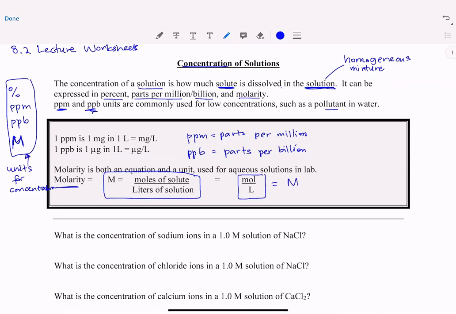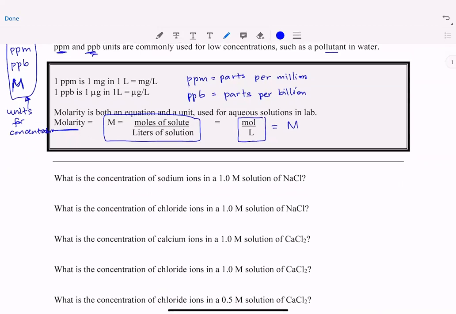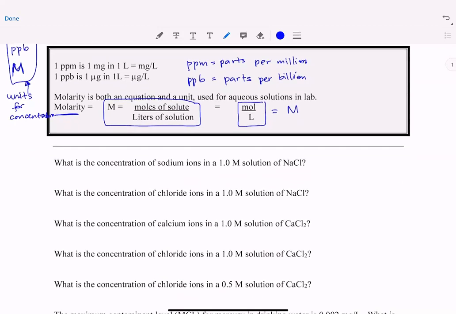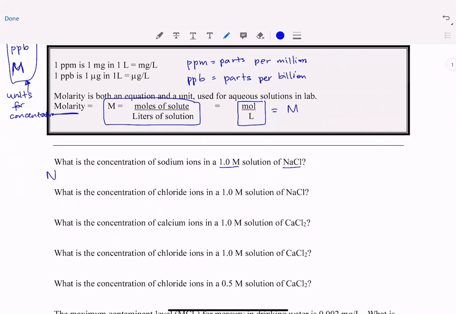Let's understand, then, when you have a 1.0 molarity solution of NaCl, NaCl is aqueous. That's what that means. Aqueous is something dissolved in solution. So AQ is a solute dissolved in the solution, and typically it's water that does the dissolving.